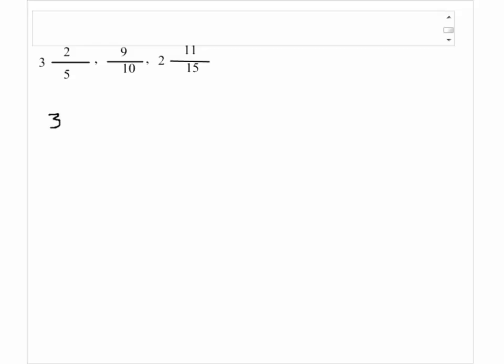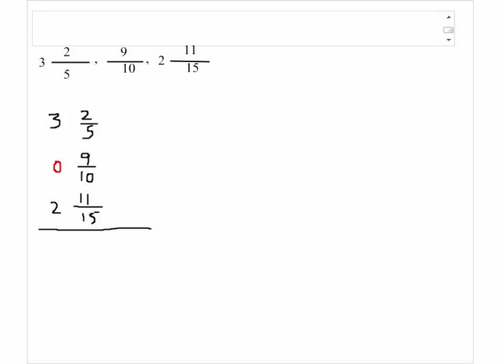Since we have a mixed number, the best way to add this would be to line them up and add all the mixed numbers together first, and then add all the whole numbers together. You can put 0 here as a reminder that there is no whole number for the second one.